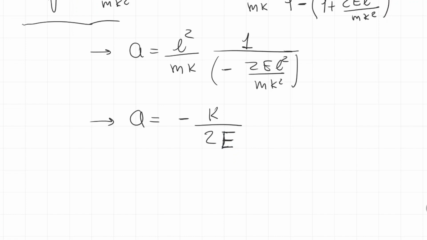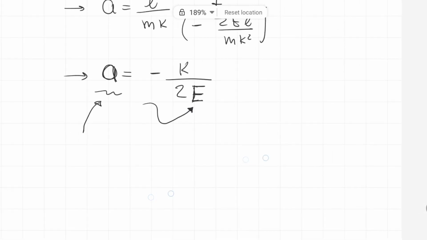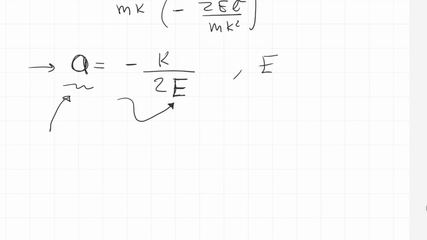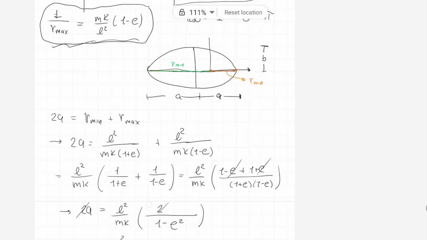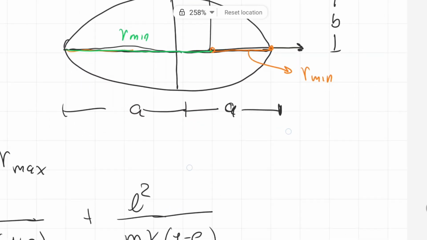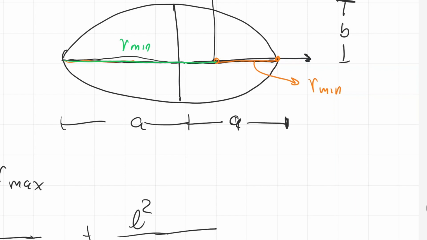Very interesting: the major semi-axis of the ellipse that the Earth makes around the Sun depends on the total energy of the Earth. It makes sense, since we saw that the total energy is less than 0, and with this negative sign, a is going to be bigger than 0. We should expect that a is bigger than 0, since we have an ellipse.